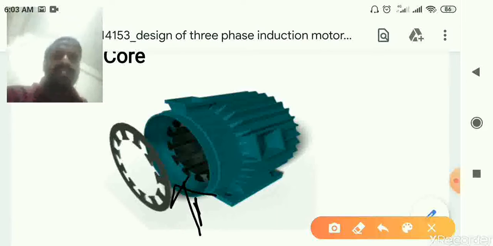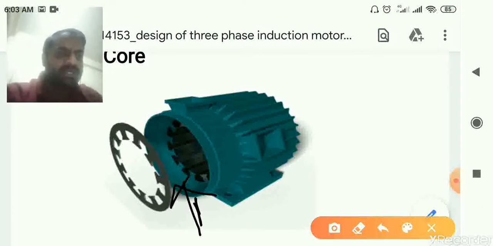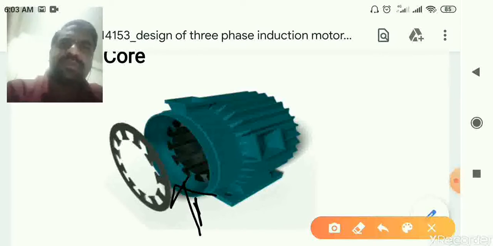The main function of the stator core is to carry the alternating flux. And in order to reduce the eddy current loss, the stator core is laminated. The laminated structure is made up of stampings having 0.4 to 0.5 millimeter thickness. All stampings are connected together to form the stator core and housed in the stator frame.